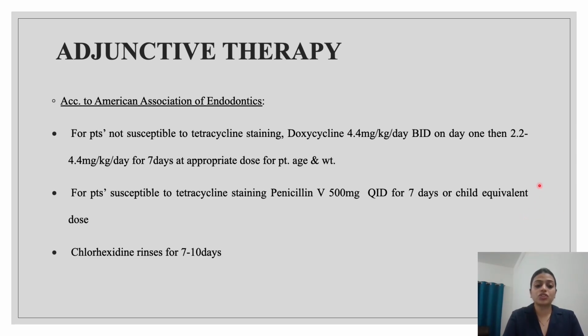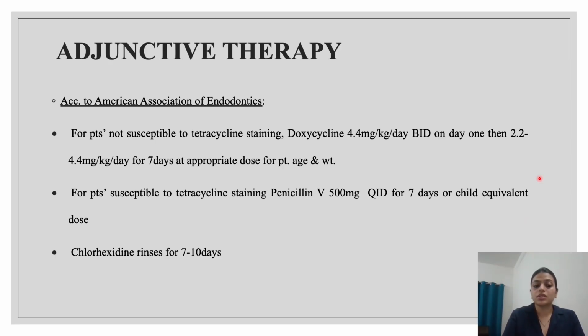So then comes the adjunctive therapy. According to the American Association of Endodontics, for patients who are not susceptible to tetracycline staining, doxycycline 4.4 mg per kg per day, that is twice a day, on day 1, followed by 2.2 to 4.4 mg per kg per day for 7 days, at an appropriate dose considering the patient's age and weight, should be prescribed.